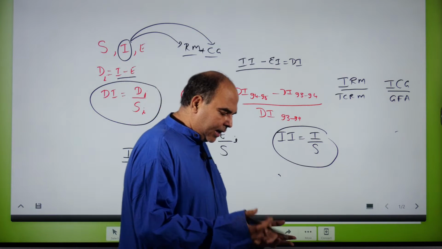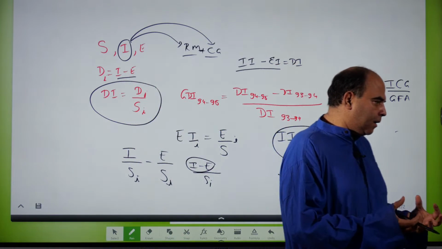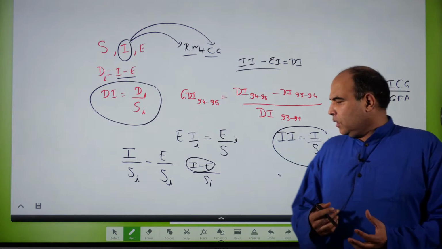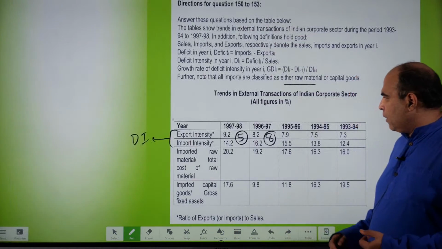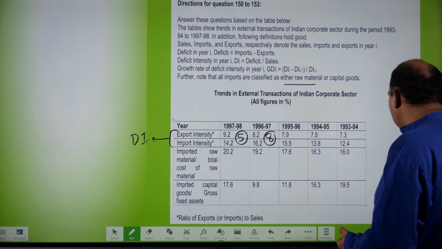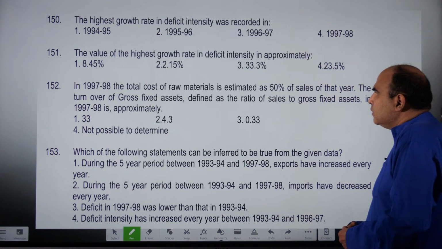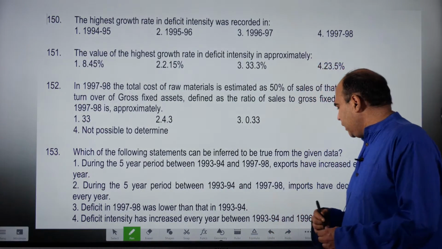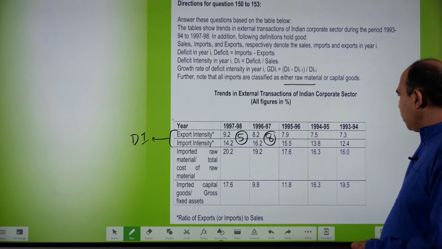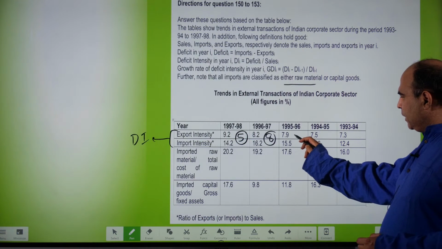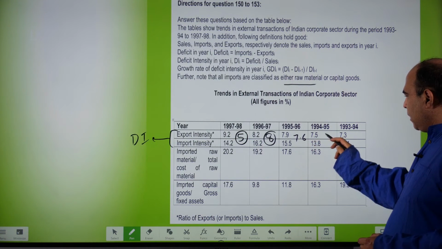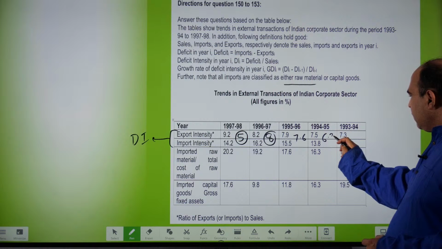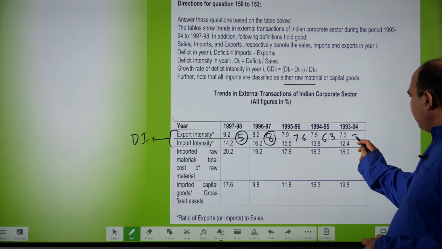So हमको idea लगाने की ज़रूरत भी नहीं है, because we have taken up all the variables in the question, and we can now start looking at what the questions are here. So if I go ahead and try to look at the first question, the highest growth rate in deficit intensity was recorded in. Now this is a simple question because I know that my deficit intensity is 7.6 here, my deficit intensity is 6.3 here, and my deficit intensity is 5.1 here.